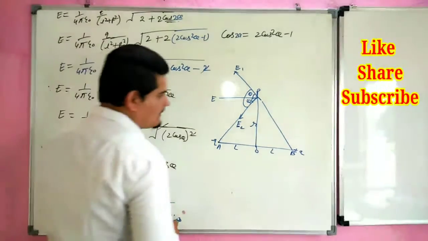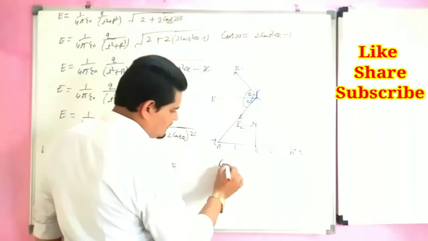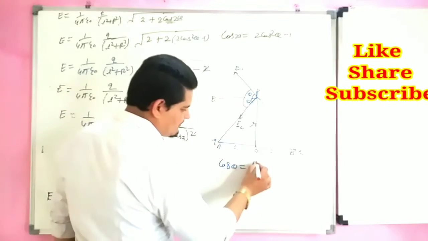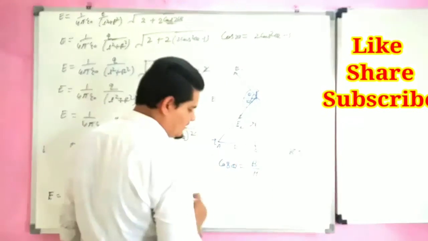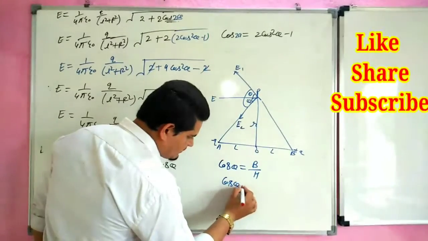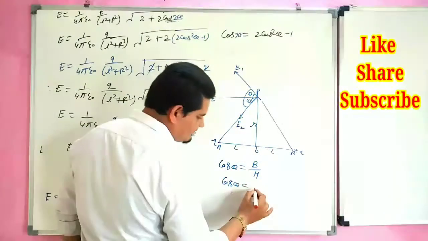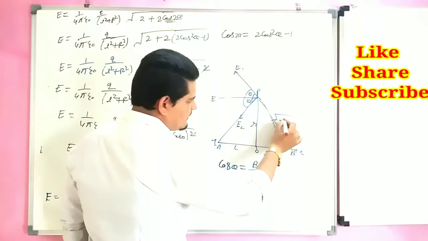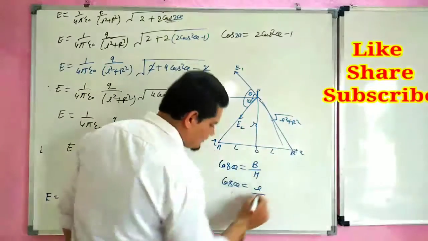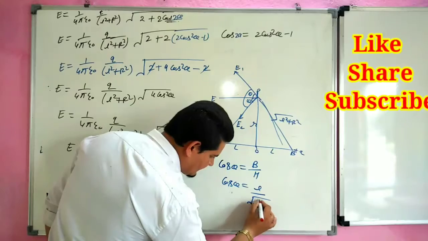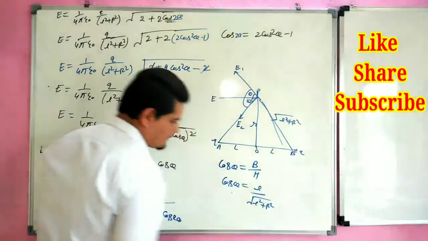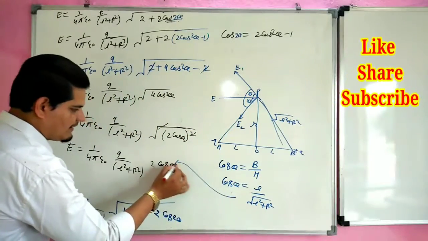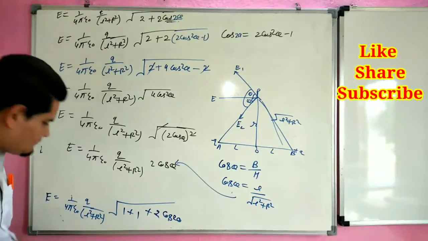So we can calculate cos theta. We know that cos theta equal to base upon hypotenuse. Base is L and hypotenuse is under root L square plus R square. So we have to put this value at this place.